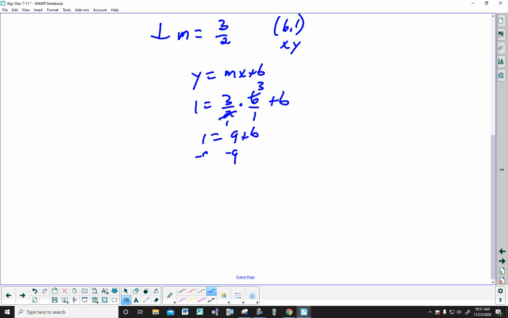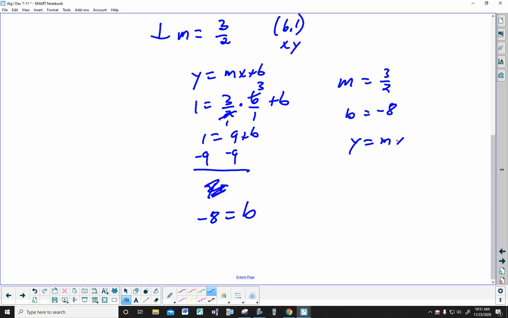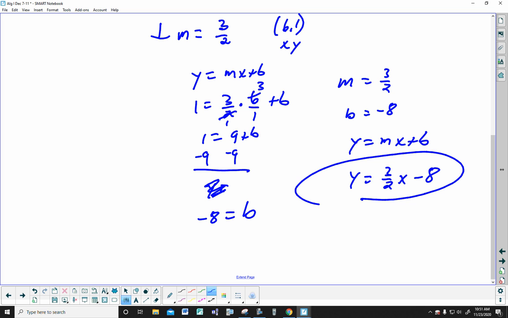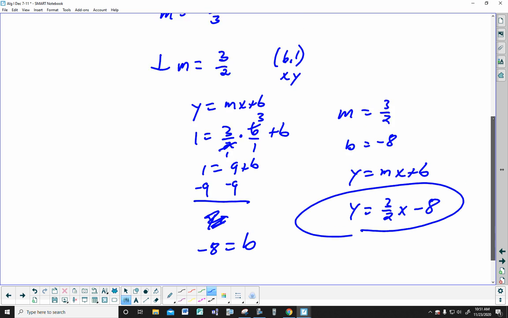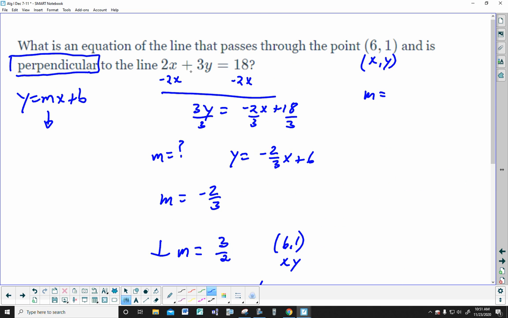Subtract the 9 from both sides, and you get -8 is equal to b. So you know the slope is 3/2, and your b is -8. You want this format, so you fill that information into it. Y is equal to 3/2 x minus 8. That is the equation of a line that is perpendicular to the one that you're told and goes through that point. Okay?